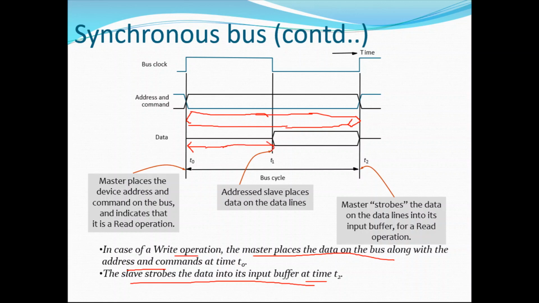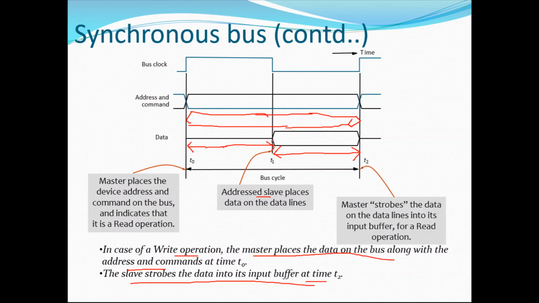So by T1 it is sure that the slave will identify that I am the particular device to which this data is supposed to reach. Then the identified slave will store the data into its buffer. For that this much time is given.